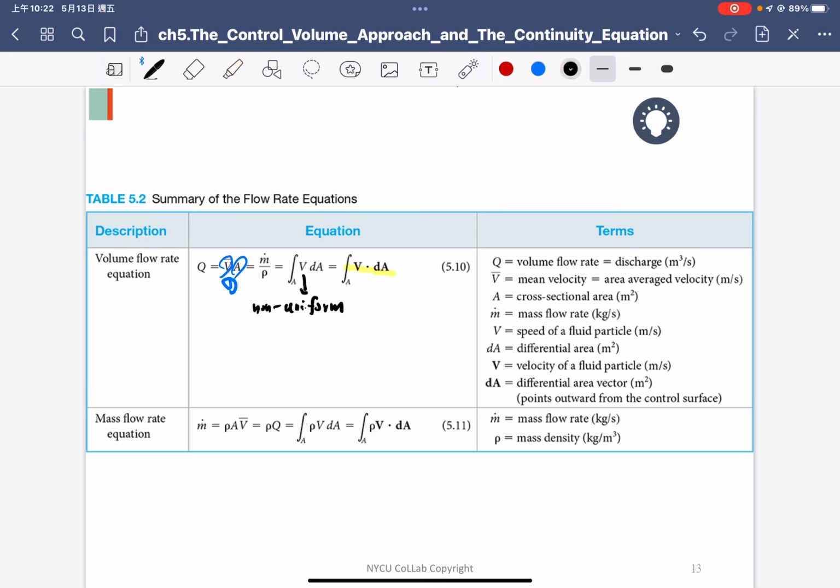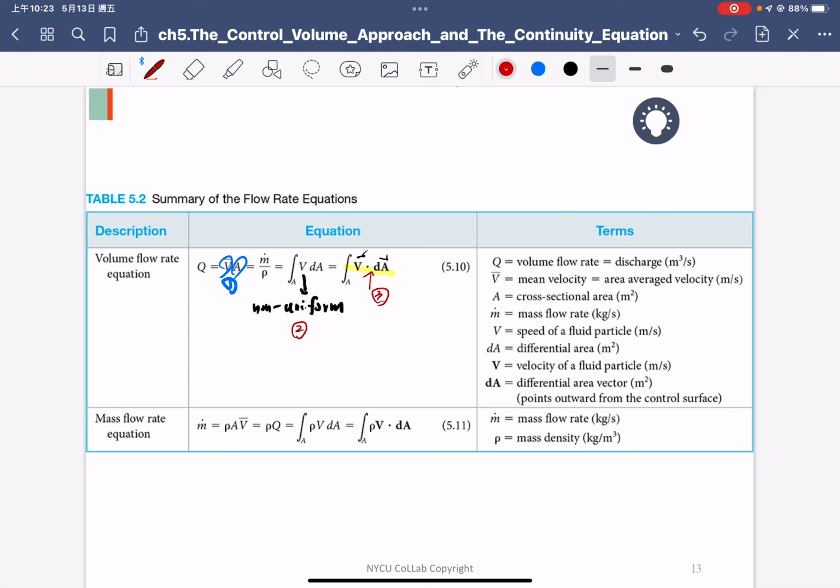It's different because here we don't know whether the velocity direction is parallel to the normal vector of the cross-section area, so we need to use the dot product operator here. That's case 1, this is case 2, and this is case 3.